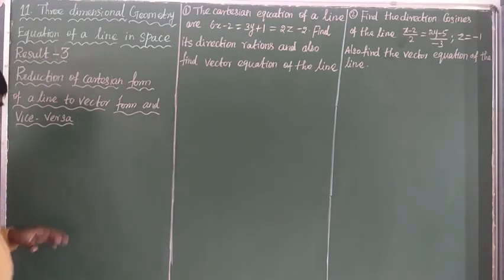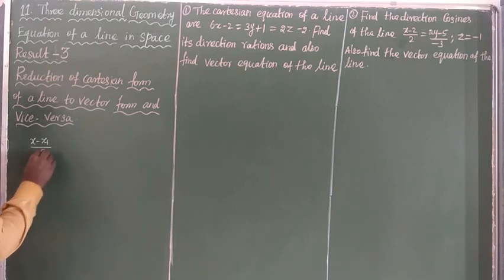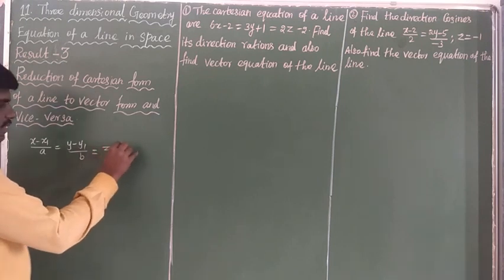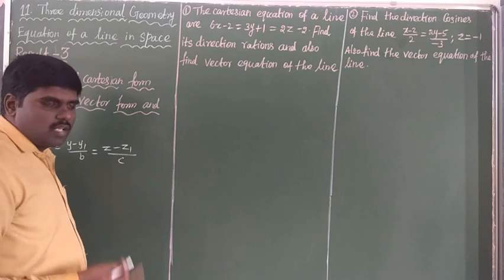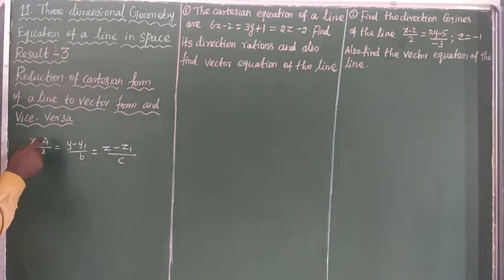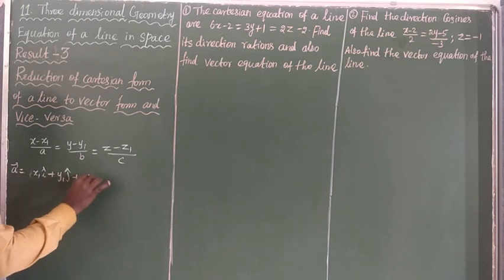Cartesian to vector form. How to convert the Cartesian to vector form? Here, what's the Cartesian equation? x minus x1 by a is equal to y minus y1 by b is equal to z minus z1 by c. This is the Cartesian equation of the straight line. Now you convert it to the vector form. The point is x1, y1, z1, so I choose the a vector as x1 i cap plus y1 j cap plus z1 k cap.